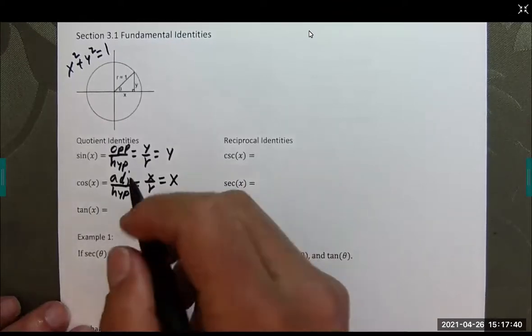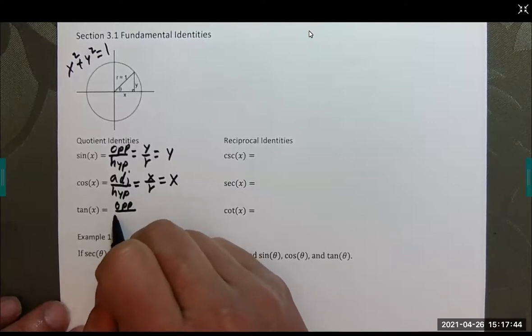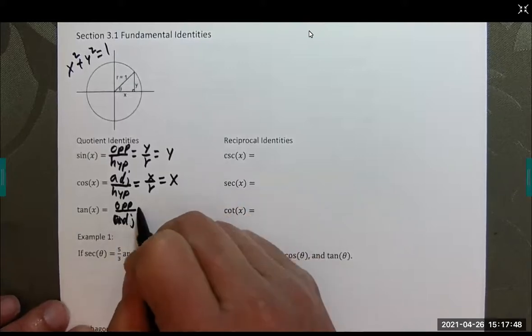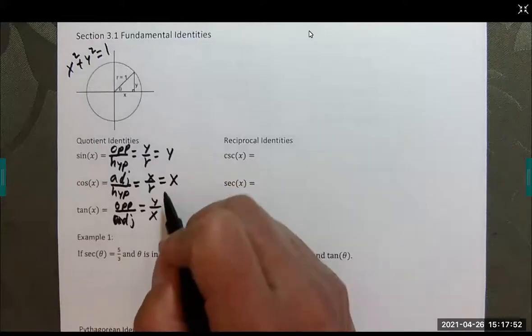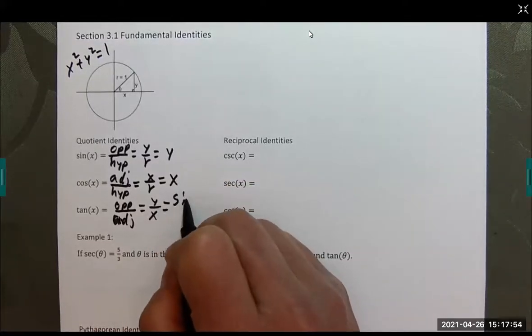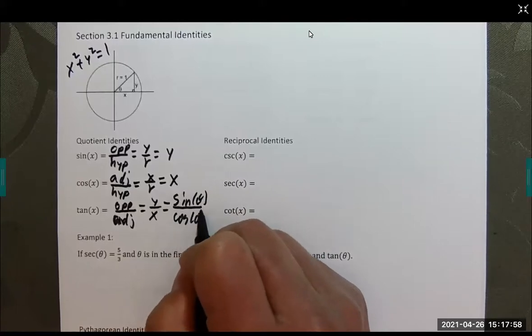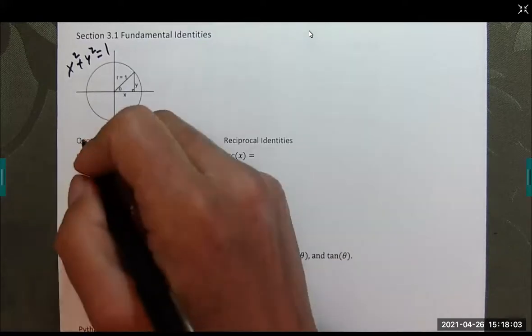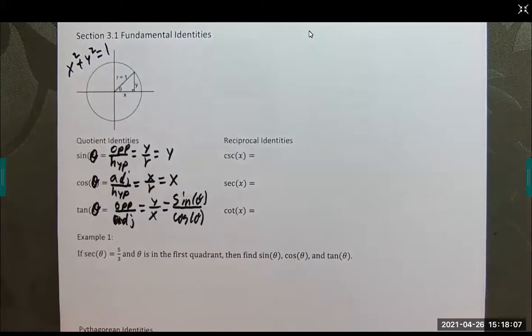And tangent is the opposite over the adjacent, which is y over x, which is also sine of theta over cosine of theta. And I'll change those to thetas, don't want to mix them up with these x's here.